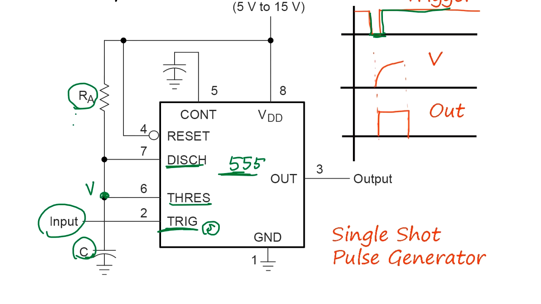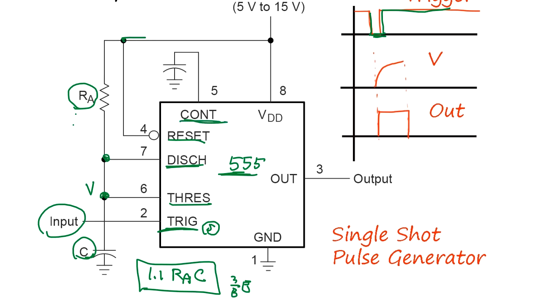So the timing of charging is 1.1 RC. And the discharge point discharges as soon as the voltage reaches 2/3. Okay, and the RS reset is disabled by tying it permanently high, and this is an internal threshold.